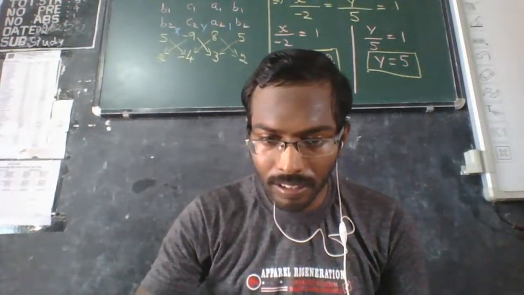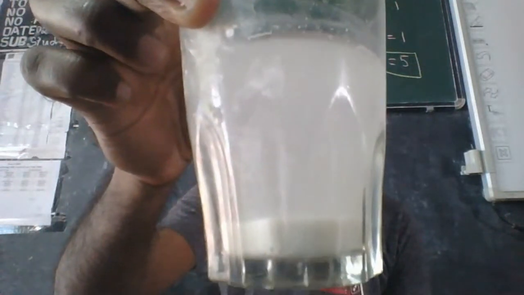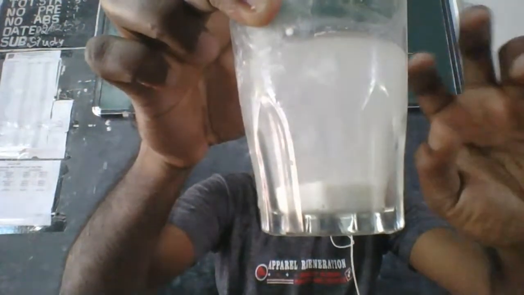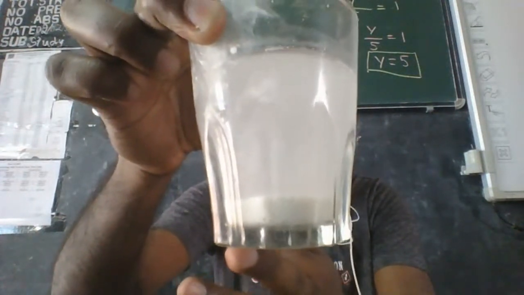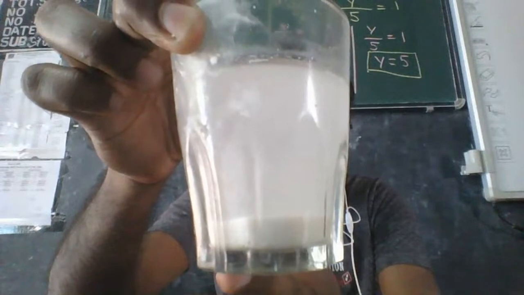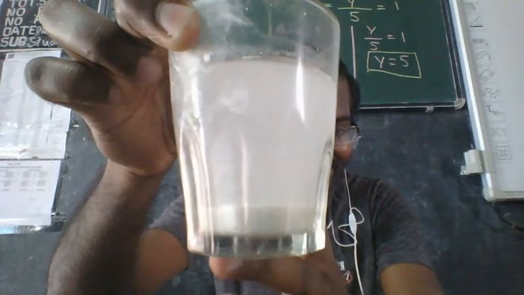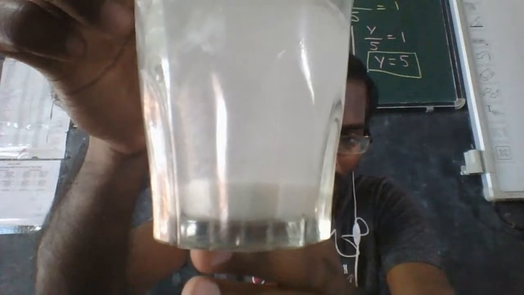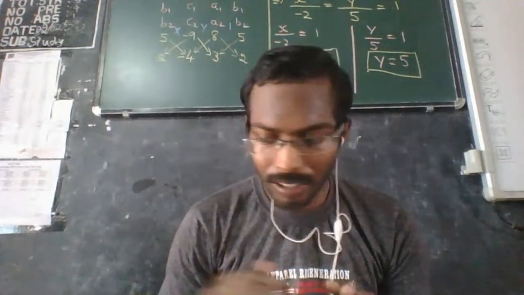Now you see and tell me, is it stable or unstable? Is it uniform, or is there more chalk at the bottom and less at the top? You can see here that the chalk has settled at the bottom. Most of the chalk particles are settled down, which means they are unstable.